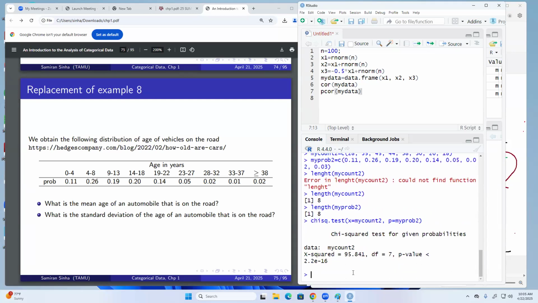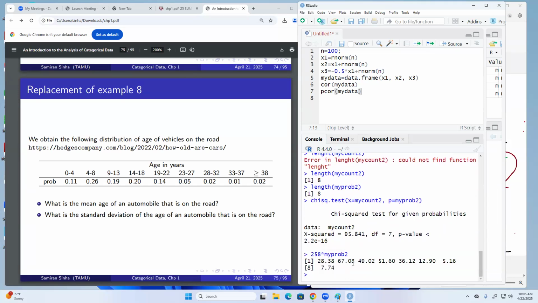And this time you do not get the warning message because all your expected counts are more than 5. You can verify it: 258 times my prob is all greater than 5, and the test statistic is 95.841. Degrees of freedom is 7. Remember why?